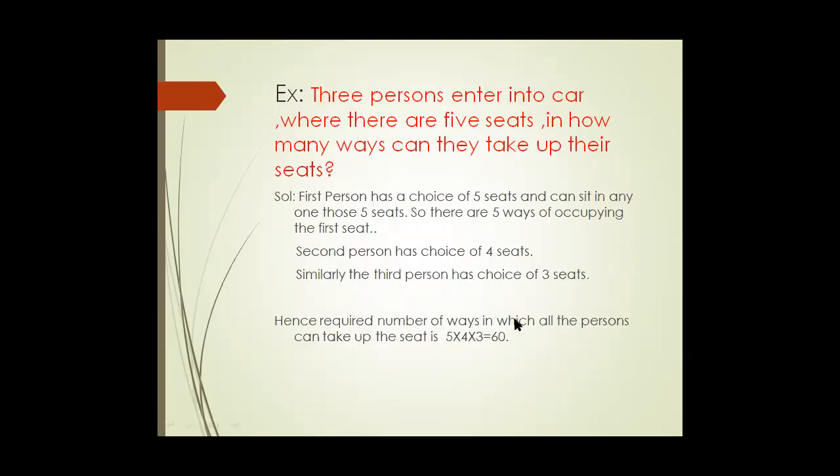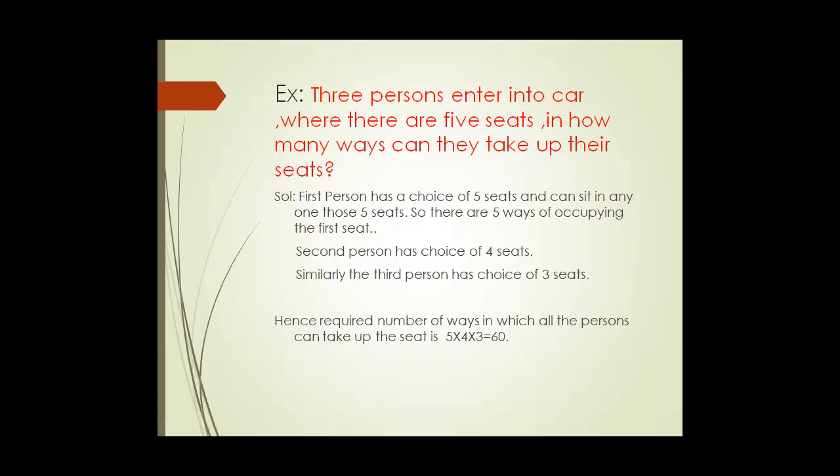Next, if three persons enter a car where there are five seats, in how many ways can they take up their seats? The total number of seats is 5 in a car. The first person has a choice of 5 seats, so he can sit in 5 ways.